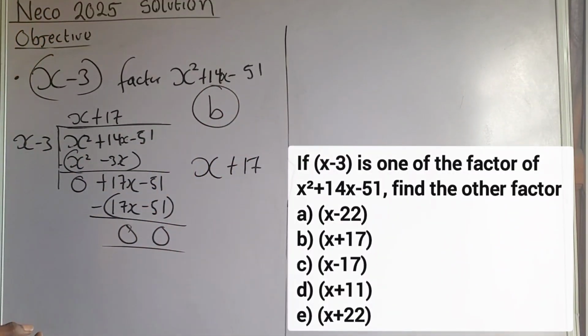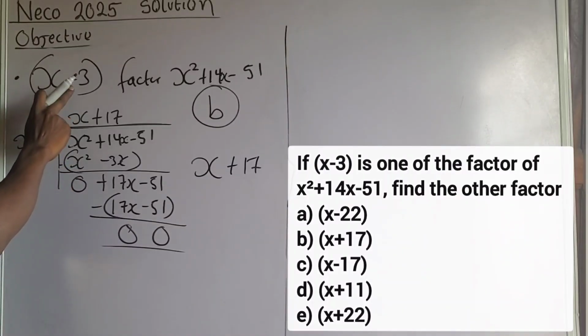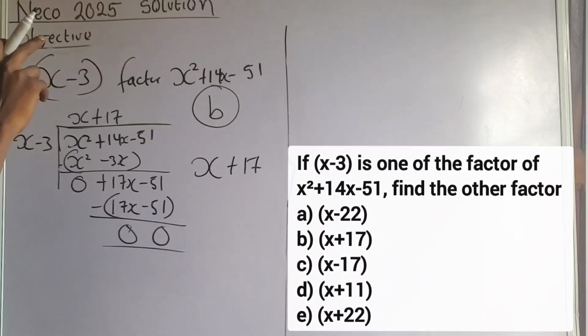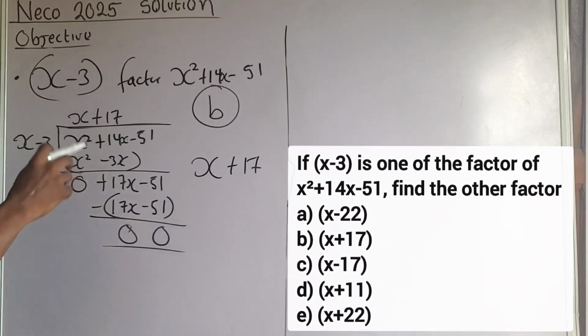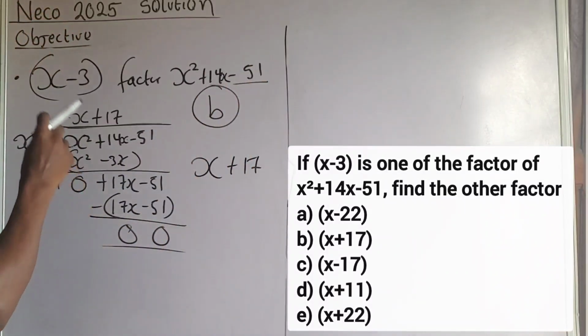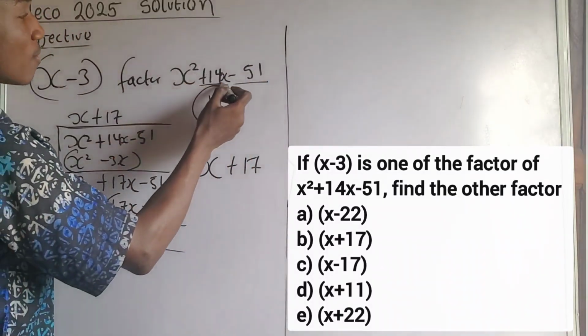And if you don't want to use the long division method, since you have negative 3 in this place, just find a number that if you multiply it by negative 3, you are going to have negative 51, and if you add it to negative 3, you are going to have plus 14.